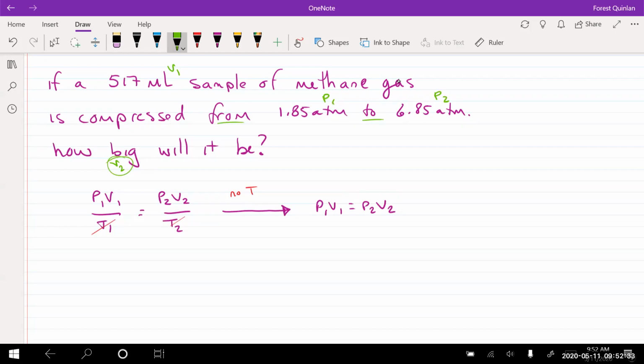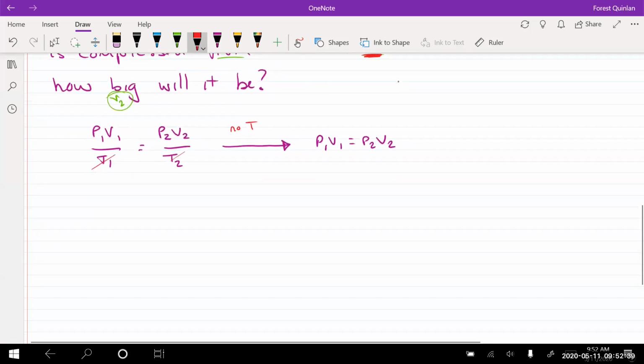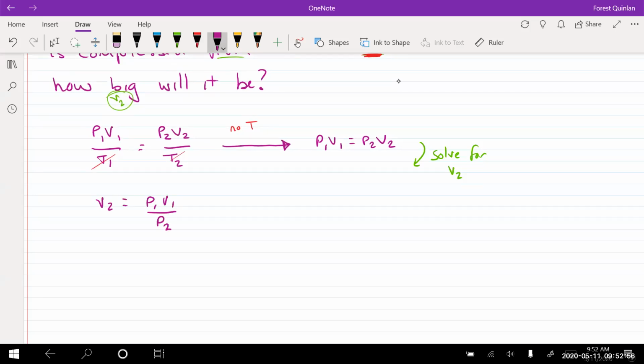This 2 right here is telling you we're going to the other set of conditions. So we are looking for V2. So V2 is equal to P1 V1 over P2.